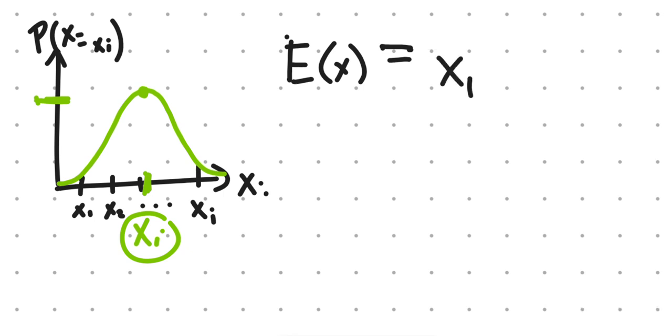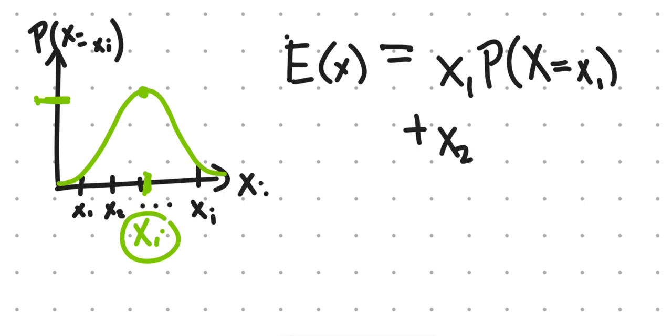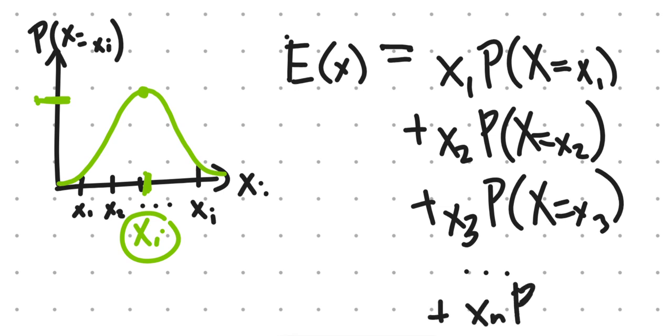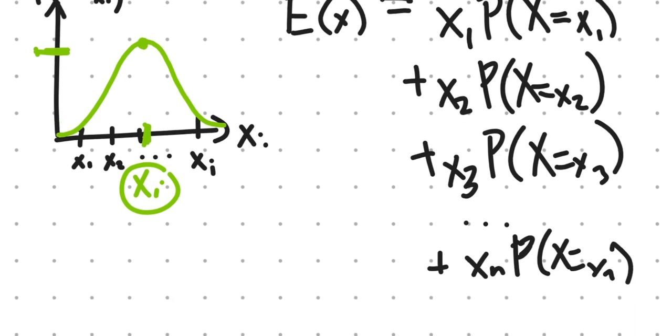So we multiply x1 and the probability that x1 occurs, plus x2 times the probability that x2 occurs, plus x3 times the probability that x3 occurs, and so on until xn times the probability that xn will happen. So it will just be in total the sum.